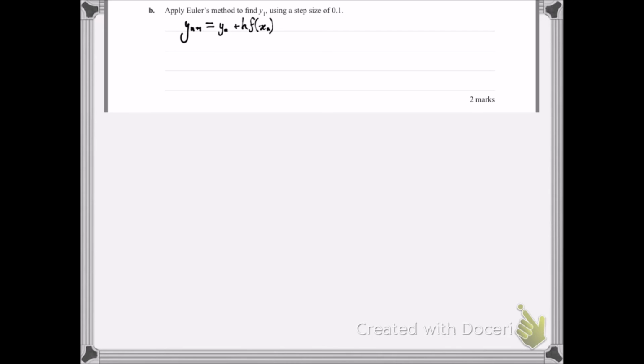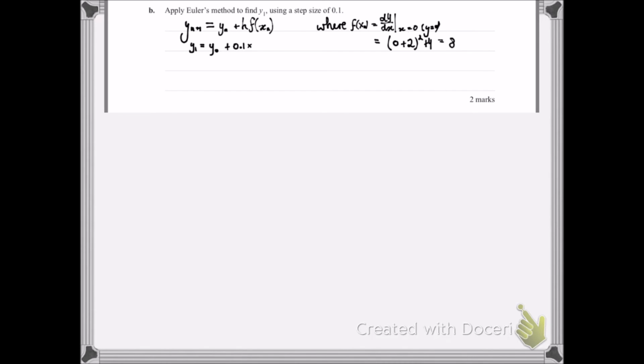To work out y1, we've got y0, and we've got the function when x is 0. When x is 0, y is 0, and that's what we get from part A, from the initial condition.